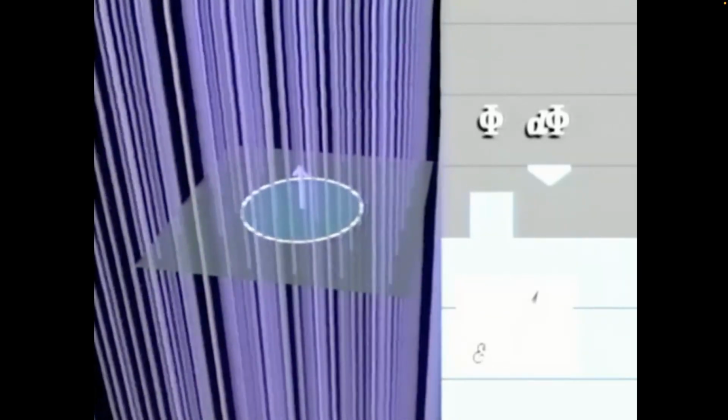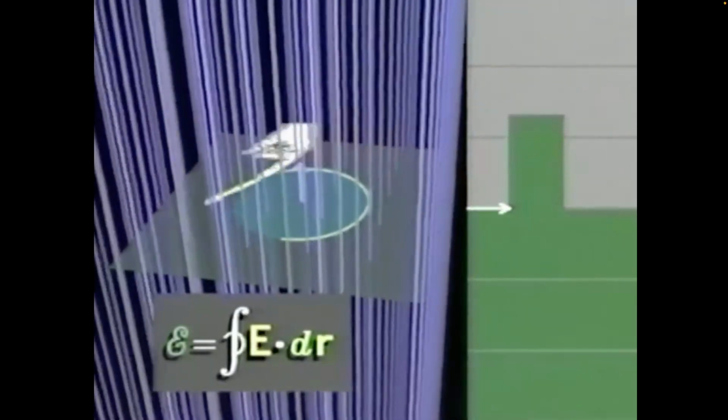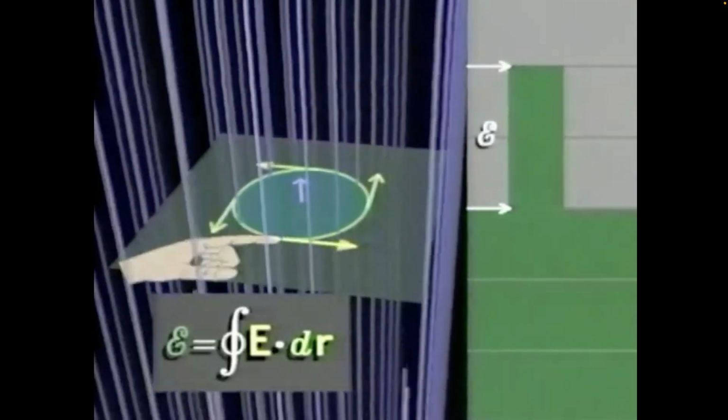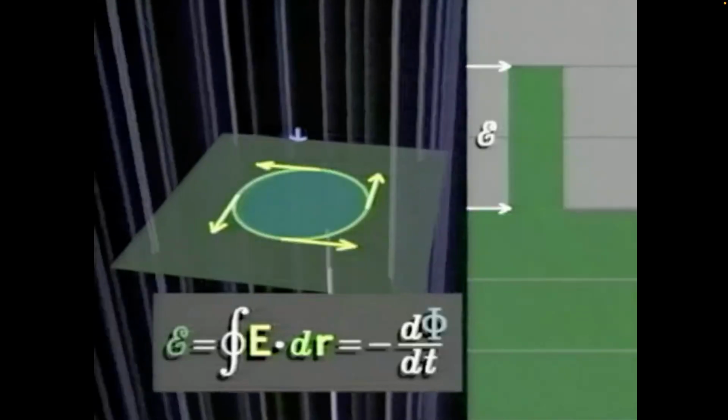But when the magnetic flux through a loop changes with time, it creates an electromotive force around the loop. And that electromotive force is due to an electric field whose line integral is not equal to zero.